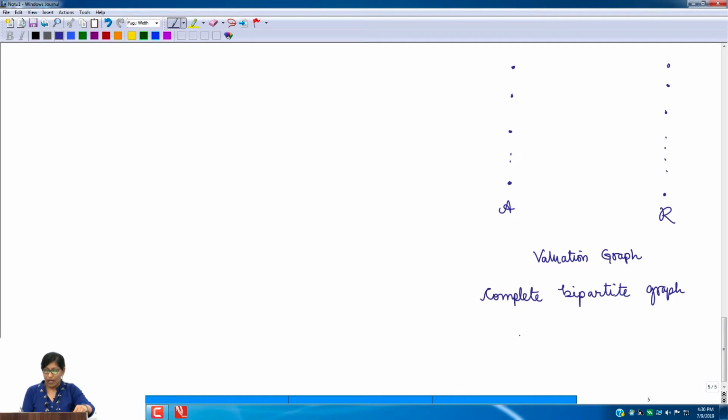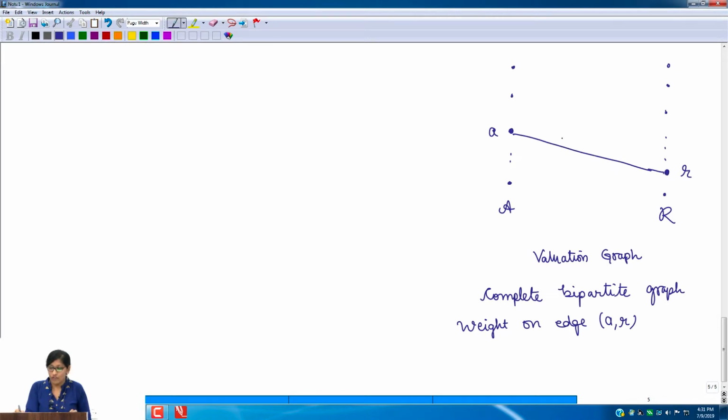Okay. So on one partition I have all n agents, and on another partition I have n rooms, and it's a weighted graph, by which I mean that, let's say, the weight on an edge AR, let's say this is agent A and this is room R. So I have some weight on this particular edge, and that weight is nothing but his base value for this room, so VAR.